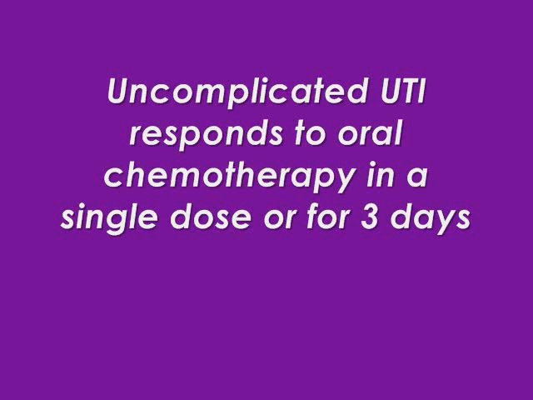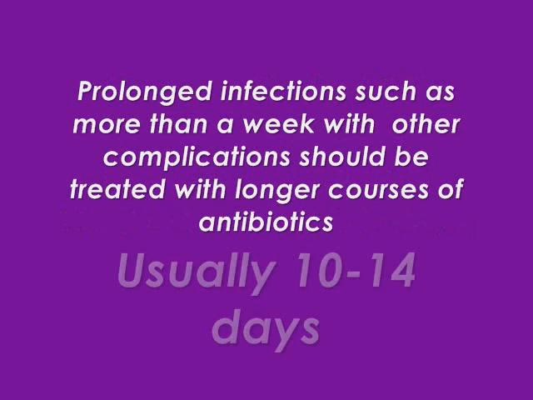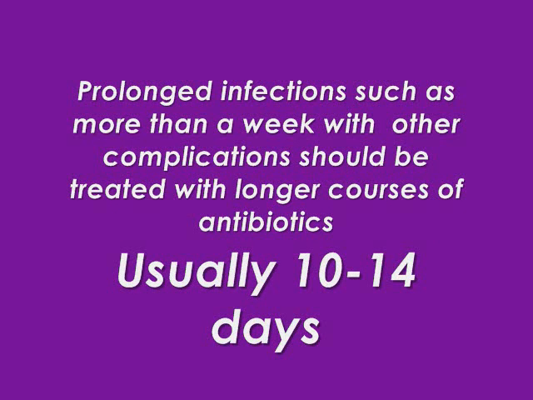Uncomplicated UTI often responds to oral chemotherapy either in a single dose or for 3 days, depending upon the drug itself. Prolonged infections, such as more than a week, accompanied with other complications, should be treated with longer courses of antibiotics, usually 10 to 14 days.